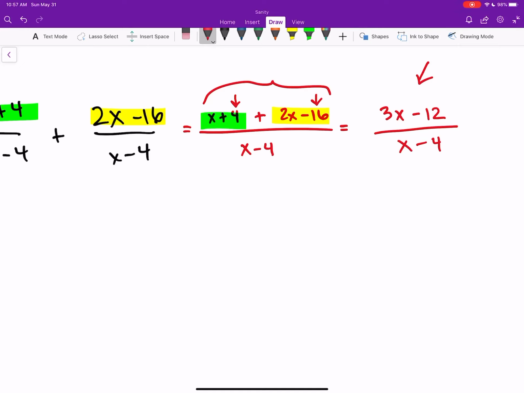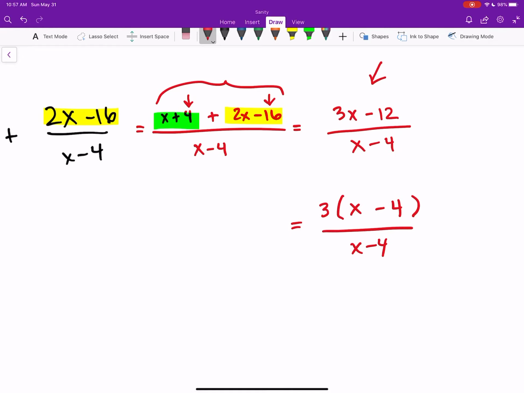So I'm going to factor out a 3, and that's going to leave me with x minus 4 divided by x minus 4. So the top is 3 times x minus 4, divided by x minus 4. And then you can say, oh my goodness, I've got a factor of x minus 4 on the top and the bottom. Those can just cancel out, and really, I just have 3, okay?